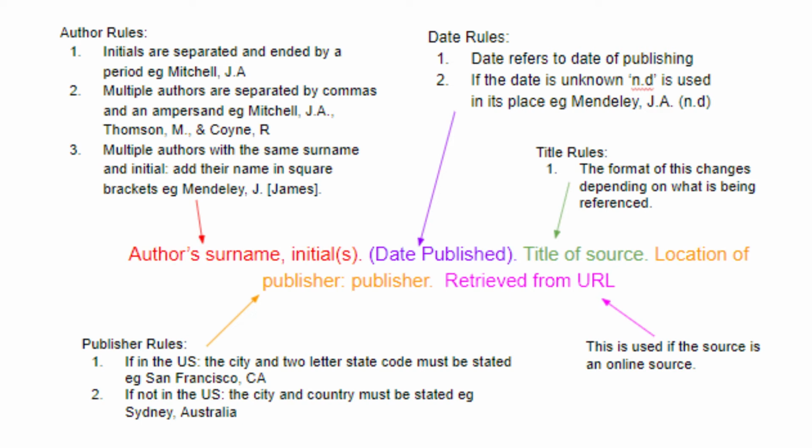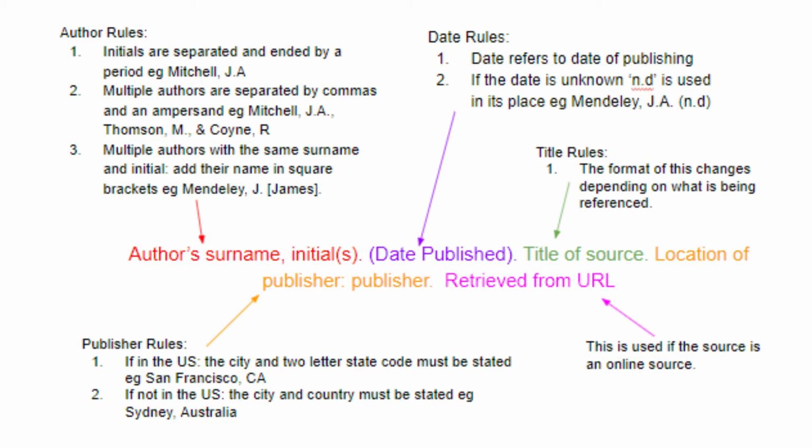After the date of publishing, the title of source, the title of your book or the journal or the article where you got that specific information or citation, then put a period again after writing your title of source.